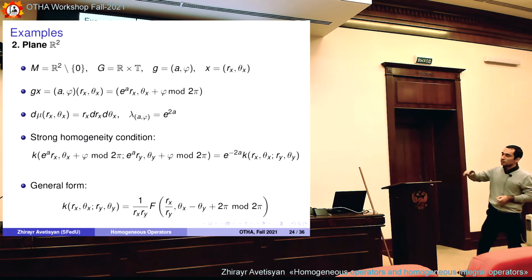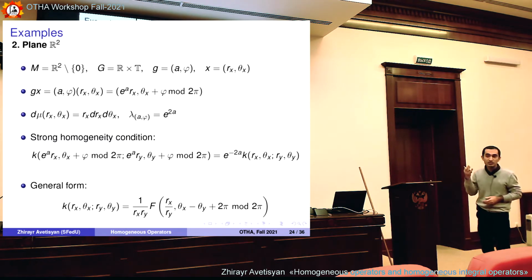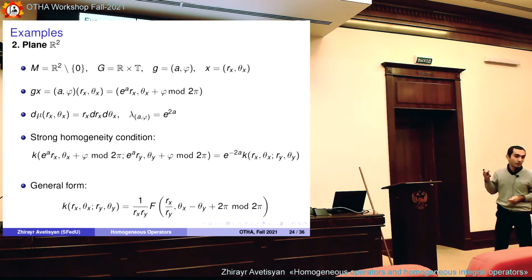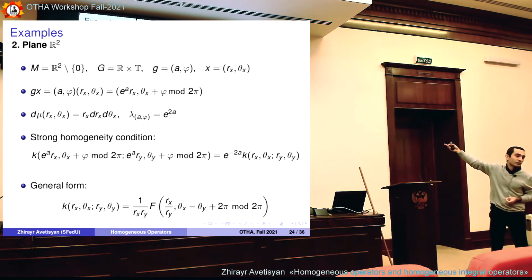So this is the general formula, and now you can achieve this result in 3 ways. One way is reducing to the cylinder by transformation. The second way is just looking at it as a case A situation and reducing to convolutions directly. And third, following our way, right? 3 ways to obtain this same formula.